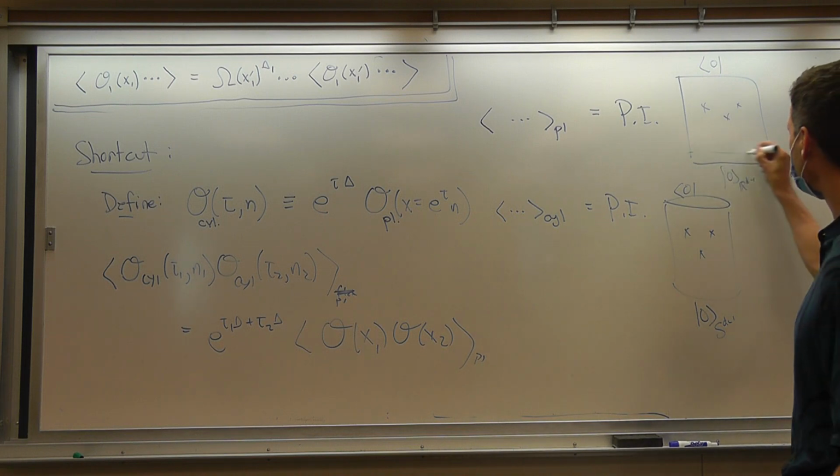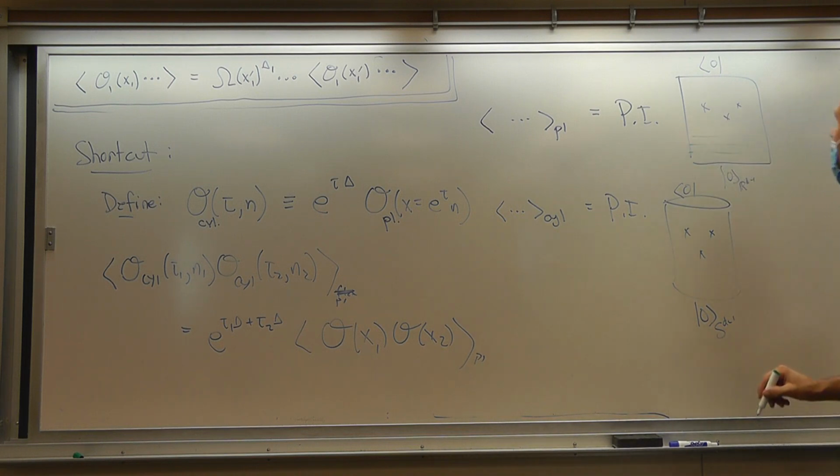We could chop it up this way, and then we're talking about states on the line being evolved with the translation operator in that direction. That's one way of thinking about it. That would be the right way to think about it if we were thinking about our theory in Minkowski space and thinking about the Minkowski vacuum state.